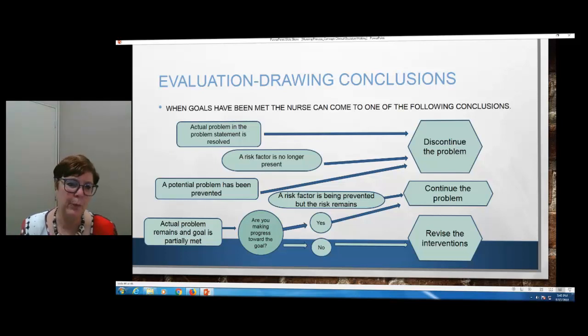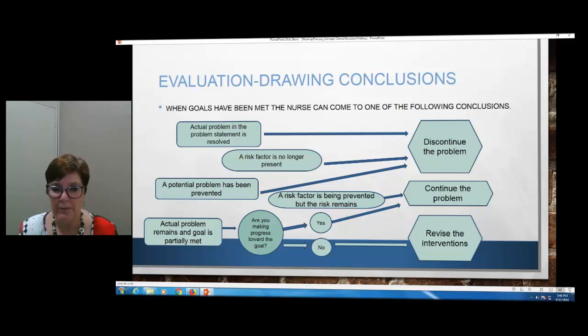Let's say an actual problem remains, but the goal is partially met, which might be with the patient with the pneumonia. We know the fever's down, we know the lungs are clearing, but they are still on antibiotics because that bacteria may still be there.